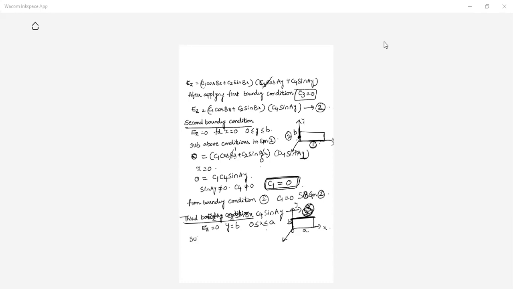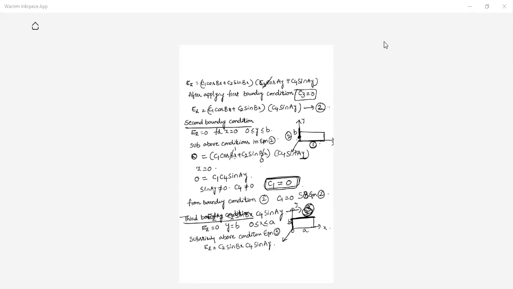So now when I'm trying to apply this condition in equation number 3, what happens? Substituting the above condition. In which equation do you have to substitute? In equation number 3. So what is equation number 3? I'll write once again. Ez is equal to C2 sin Bx, C4 sin AY.